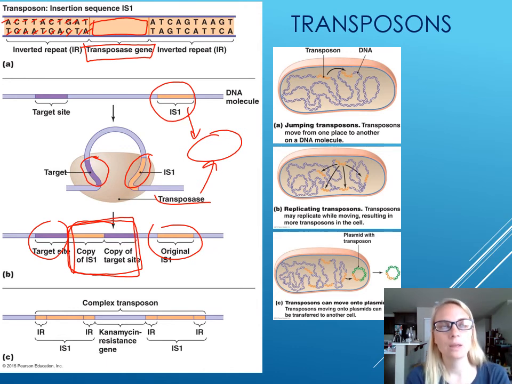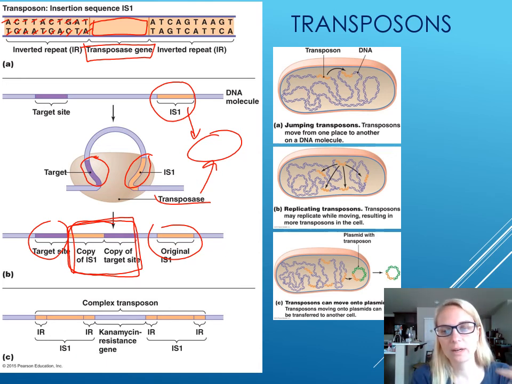So you can imagine that this could cause problems because the targets are randomly selected and the transposase enzyme inserts two huge genes right smack dab in the middle of the target site, which could be a gene. So we could have a huge mutation or completely knocking out of a particular function of a gene.